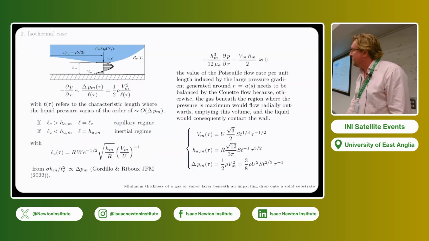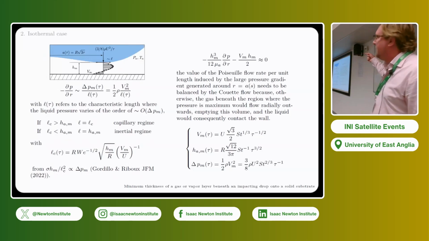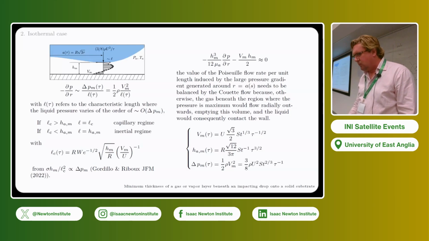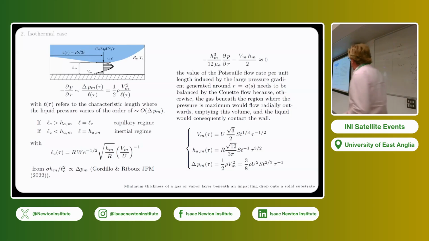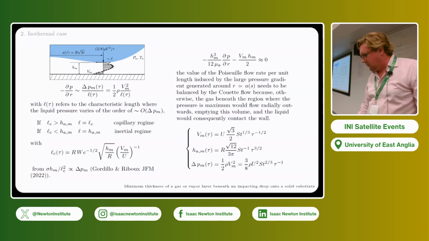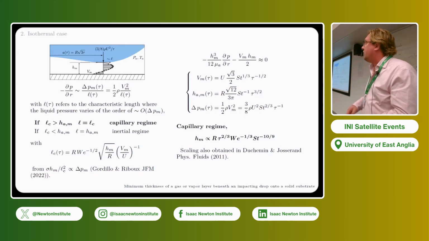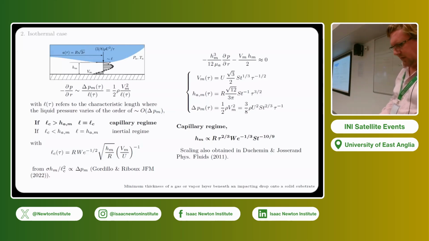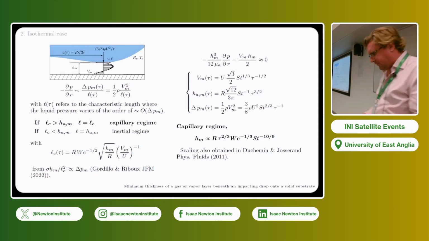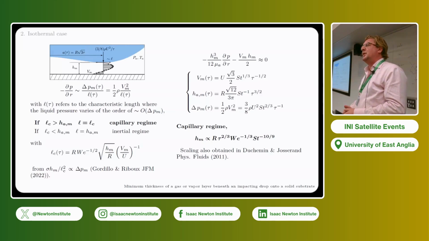So we are able to determine the pressure gradient in this flow rate conservation equation, and we have two cases. In one case, the length of this region Hm can be the capillary length or the inertial length. If we have the capillary length, we have this expression for the minimum thickness, and note that this expression was obtained before by Duchemin and Josserand.